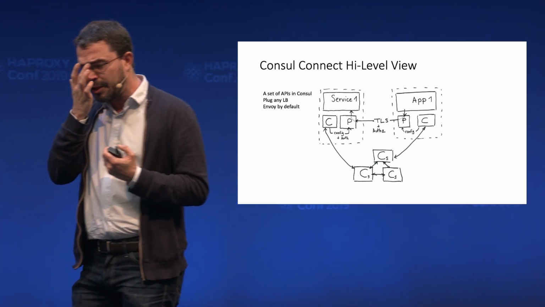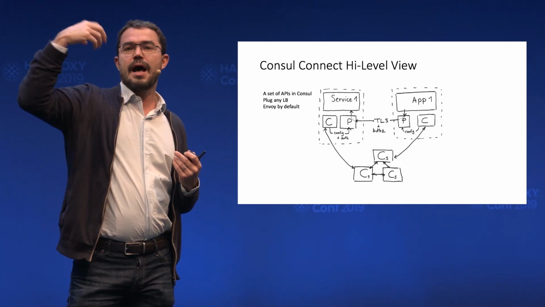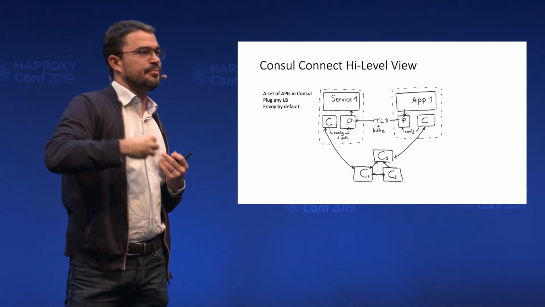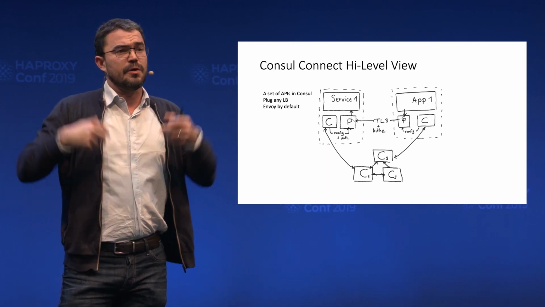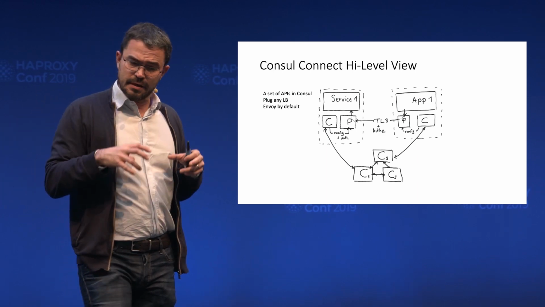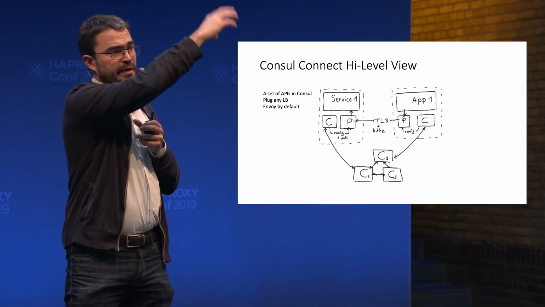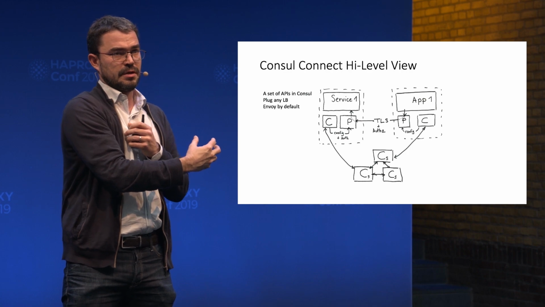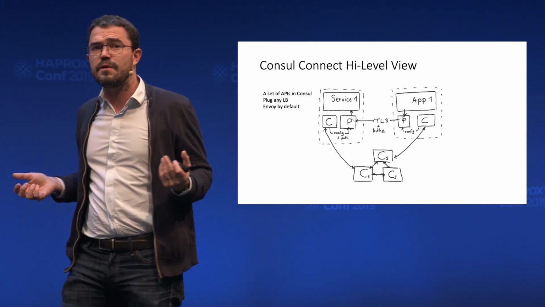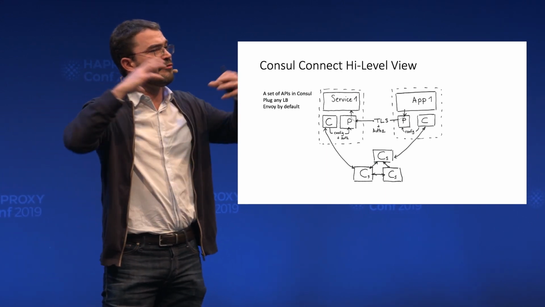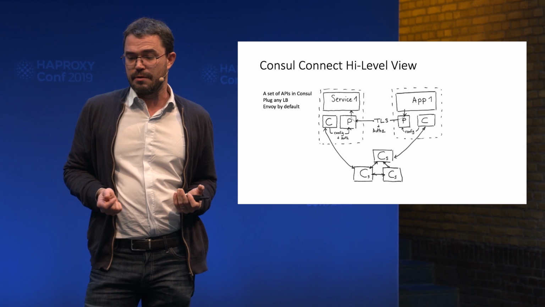How it works is you've got my app 1, and instead of adding this complex piece of code, client-side load balancing, you are just talking to localhost, and this localhost will forward your request to the various services you are targeting. That's the kind of view you have, and of course, Consul is driving all of this because it has a clear view of the whole topology of the infrastructure.